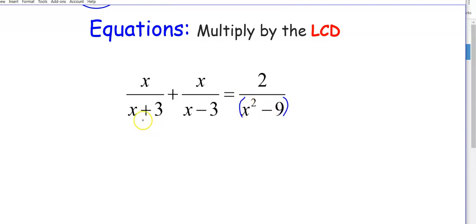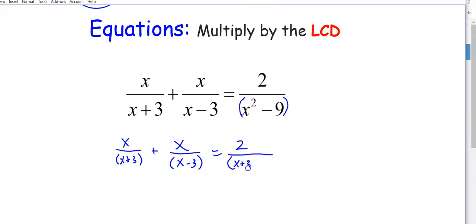First thing you might do is simplify this a little bit. So we have x over x plus 3 plus x over x minus 3. You definitely want to simplify that, and you get 2 over x plus 3 times x minus 3. Okay, so we're going to multiply everything, and I do mean everything, by the LCD.